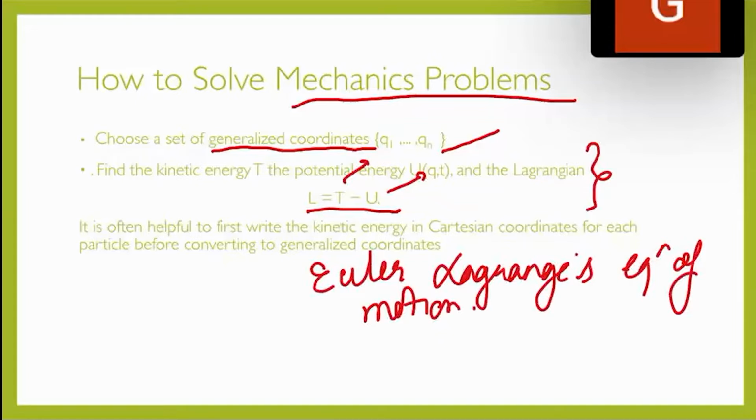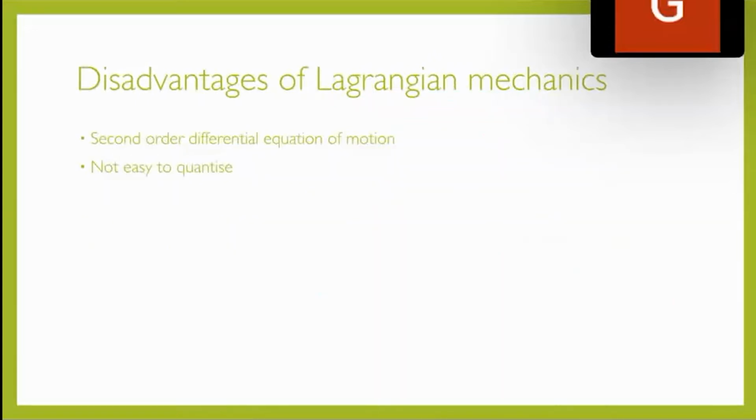I will start with a very simple example, the simple pendulum. All of you must have solved this system with Newtonian mechanics. Today we will solve this system using Lagrange's mechanics.